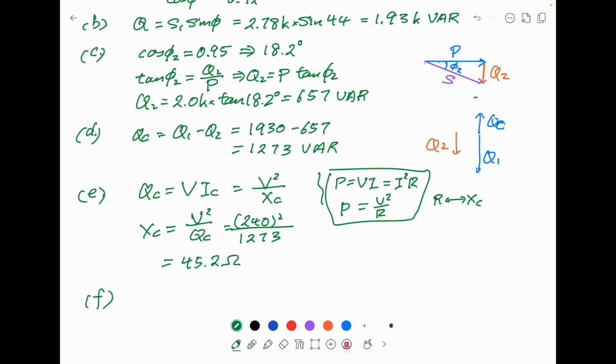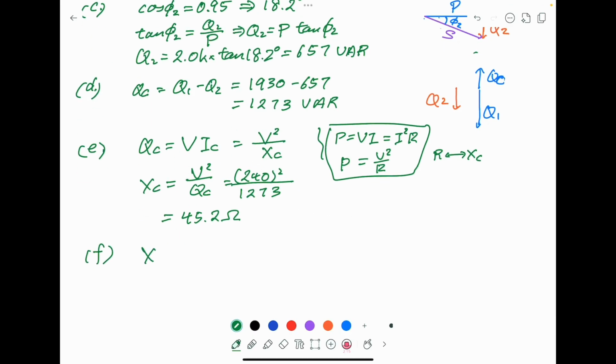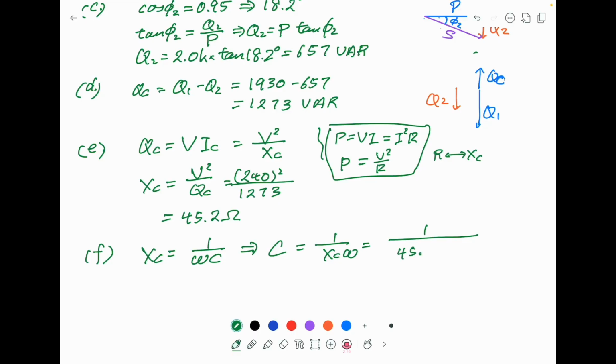F, because we know XC is equal to 1 over omega C, where C is the capacitance, so C equal to 1 over XC omega, so 1 over 45.2 times 2 pi times 50, which is 70.3 microfarads.